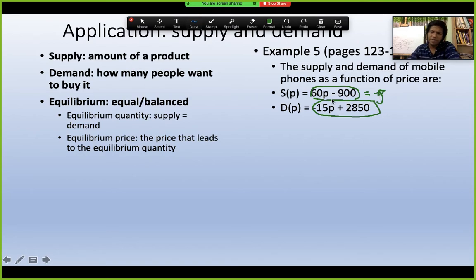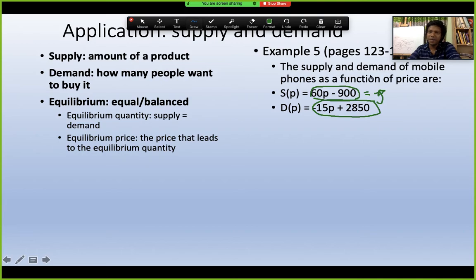Suppose you see that people want to buy it a lot, and then you can just increase the price of the product a little bit, then you will see that people are now buying a lesser amount, right? Is that correct?